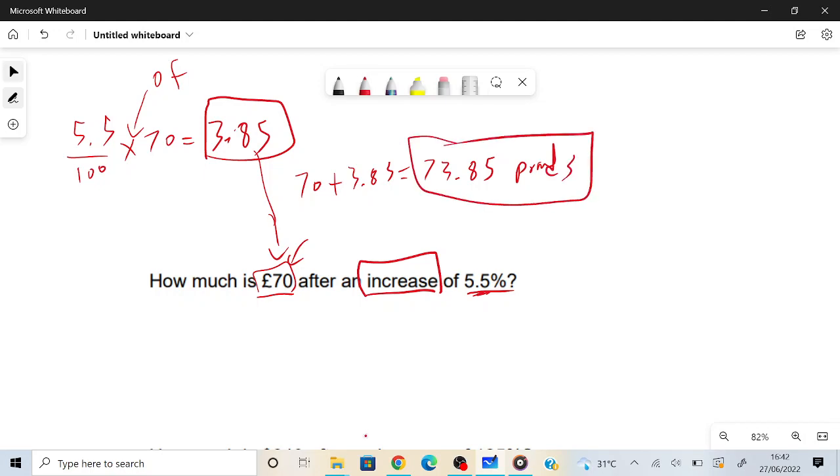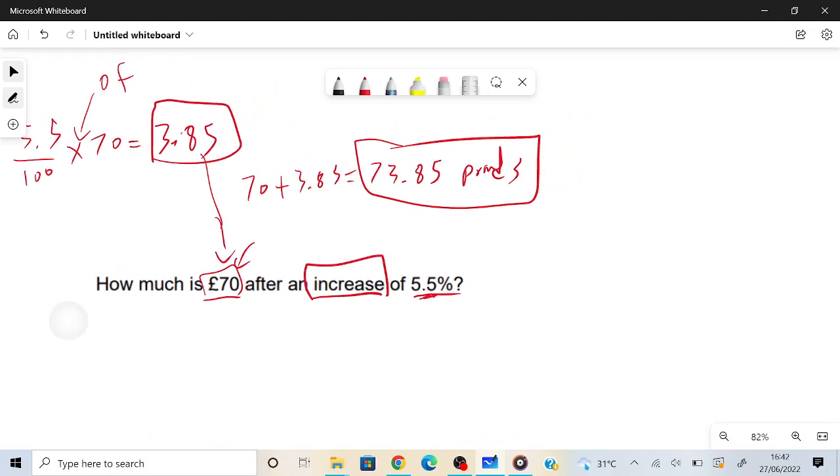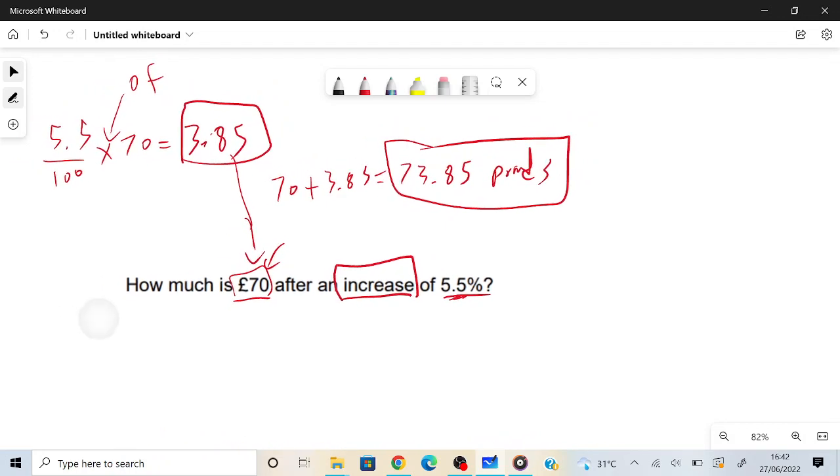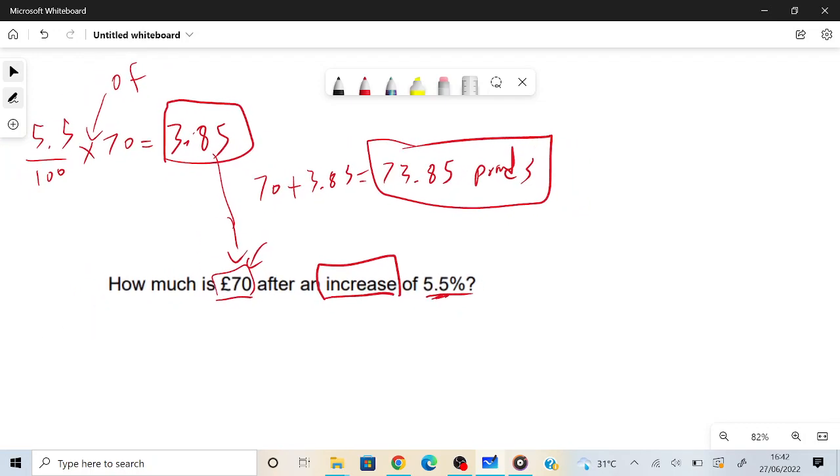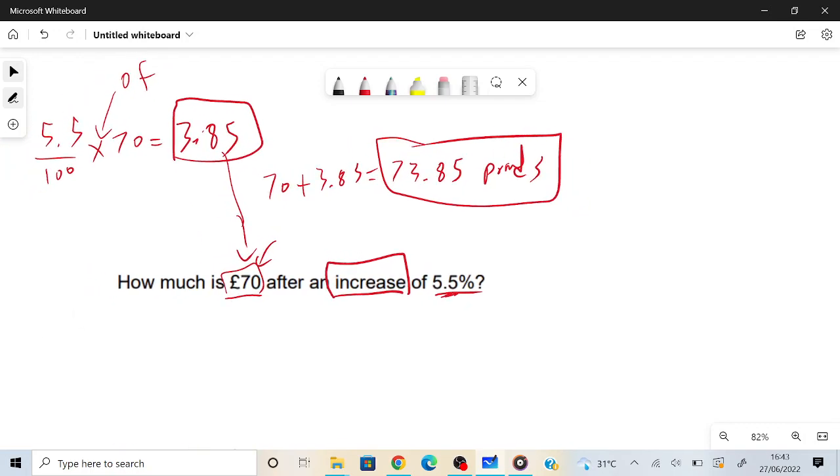Now, there is another method to do this question, and this method is not known to many people. So if you like, you can stick to the standard method, the one I just did, or you could use this one. It said, how much is £70 after an increase of 5.5%? So let's say at 100%, it was £70, the original value with no tampering.